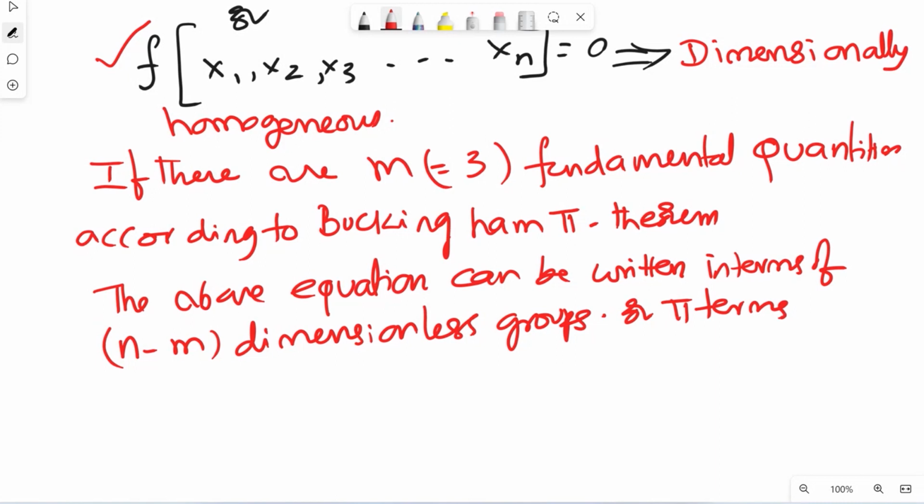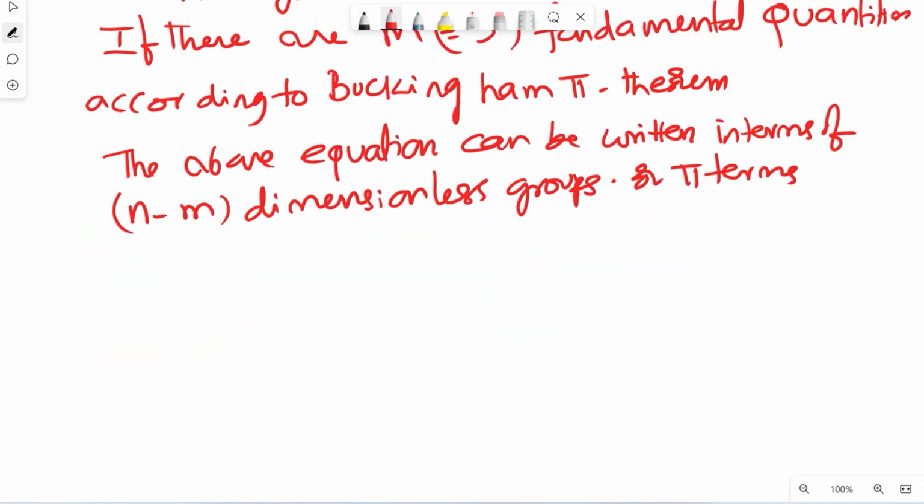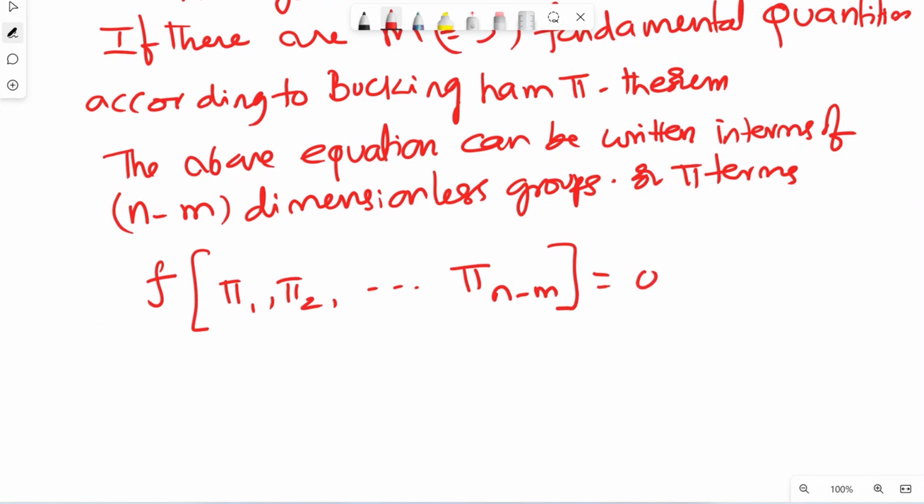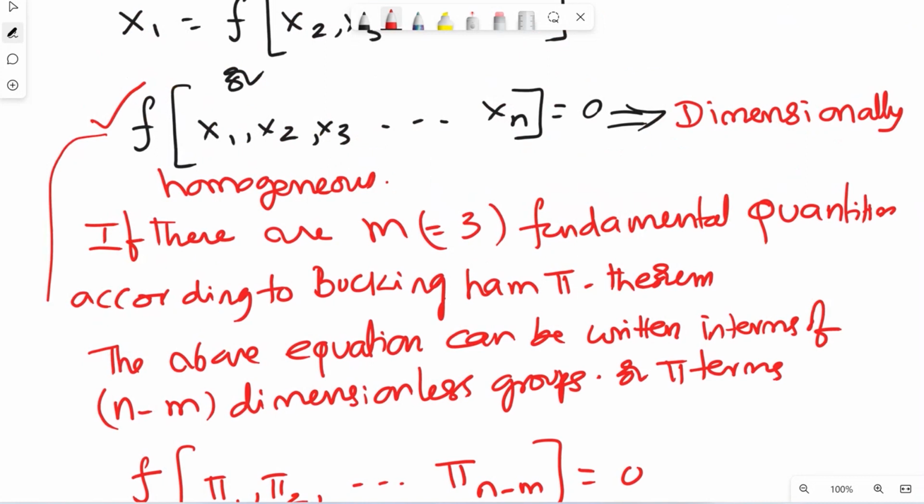Each pi term is a dimensionless group. So the same problem can be represented as a function of pi 1, pi 2, up to pi n minus m.